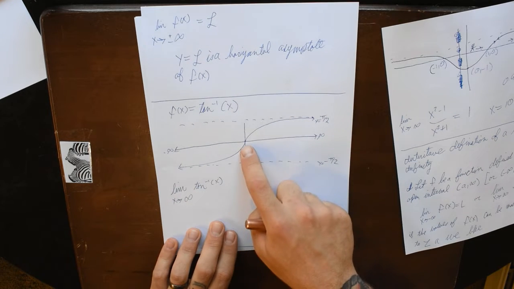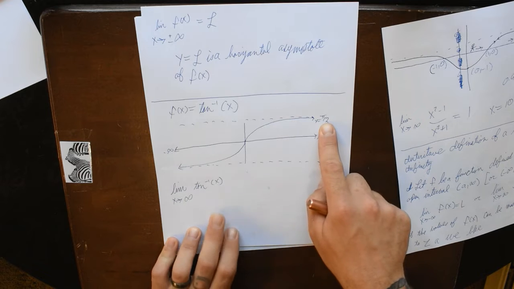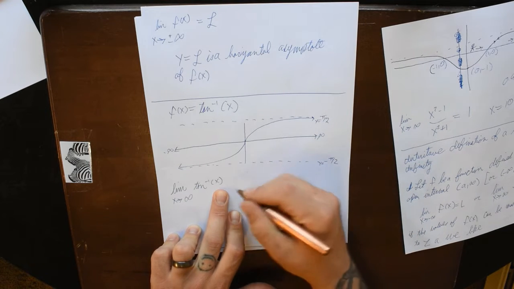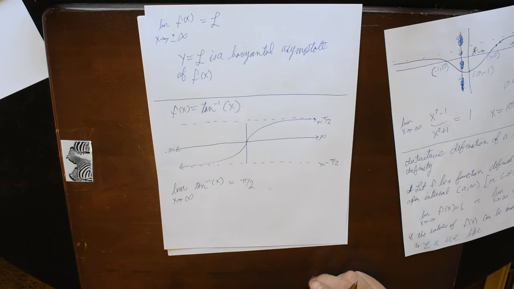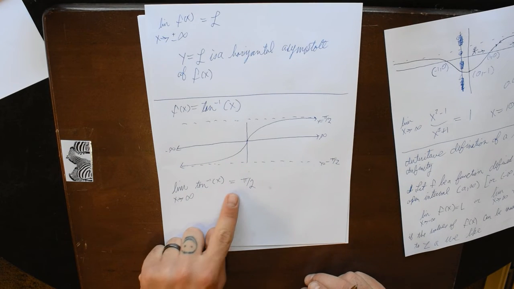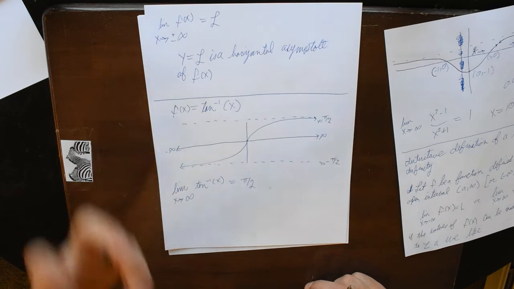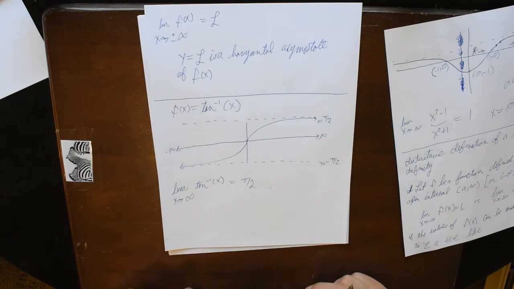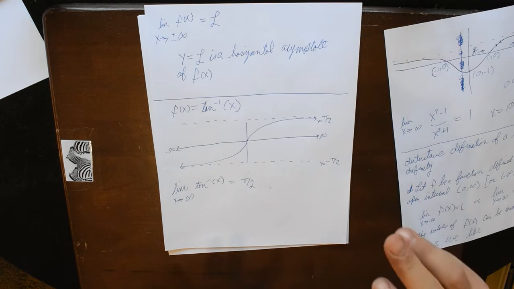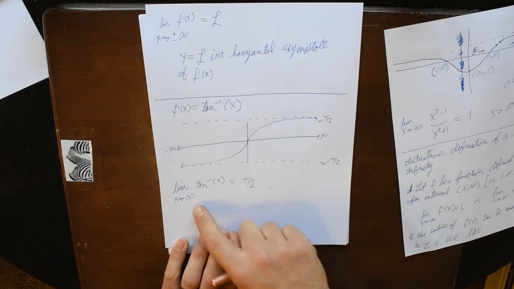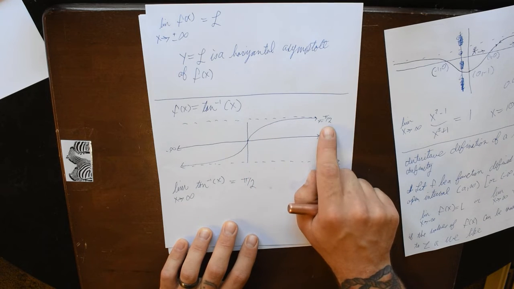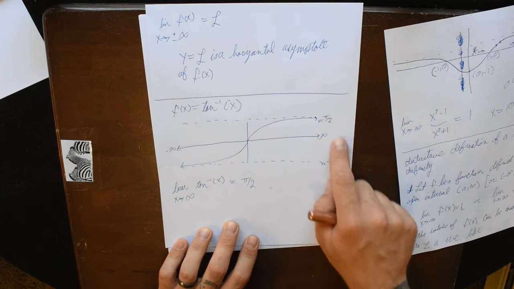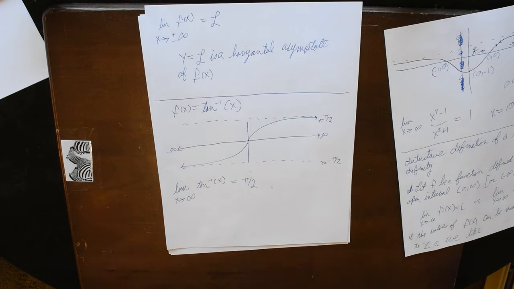As we let x get big, this function is going to limit to pi halves. Now, you can never plug pi halves into tangent because that would give you the sine of pi halves divided by the cosine of pi halves, which is 1 divided by 0. But we can say that the y values limit towards pi halves as we let x increase without bound.